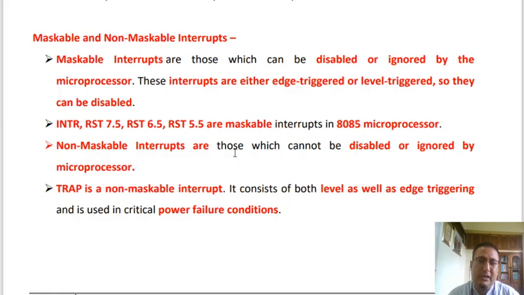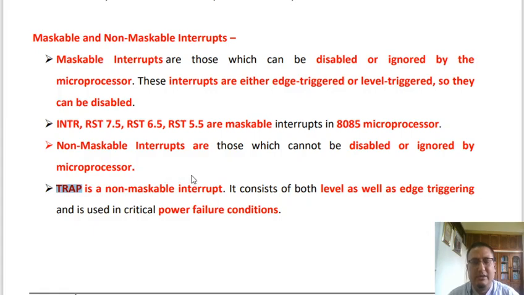For example, INTR, RST 7.5, 6.5, and 5.5 are maskable interrupts, whereas trap is a non-maskable interrupt. That is how we distinguish between maskable and non-maskable interrupts.